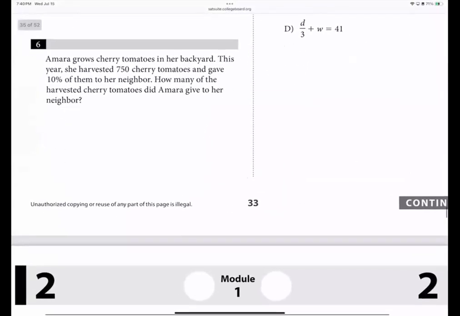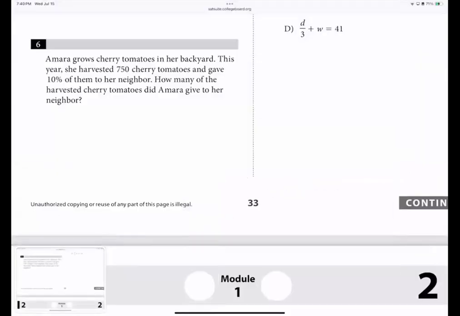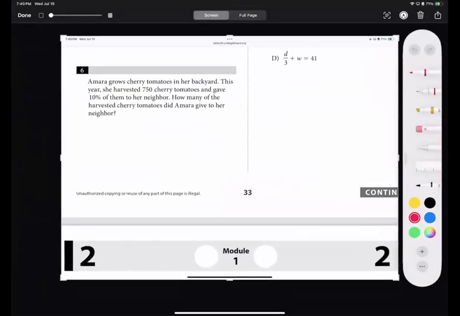6. 75. Amara grows cherry tomatoes in her backyard. This year she harvested 750 cherry tomatoes and gave 10% to her neighbor.